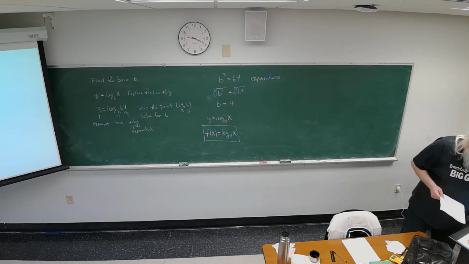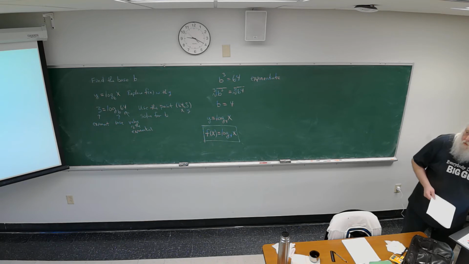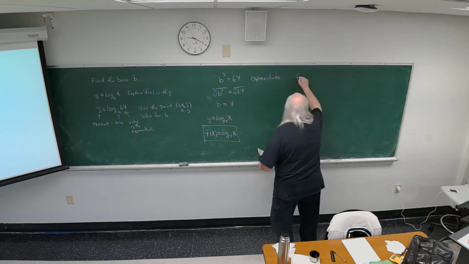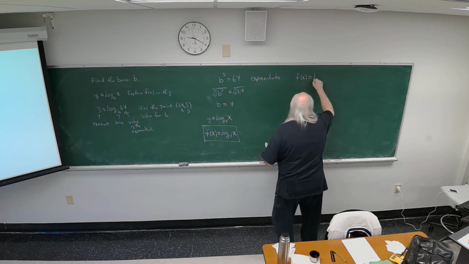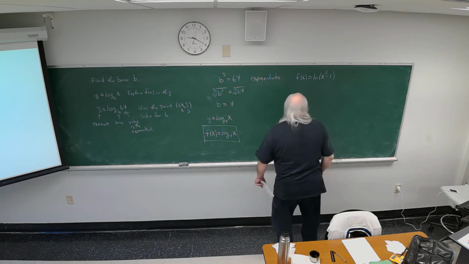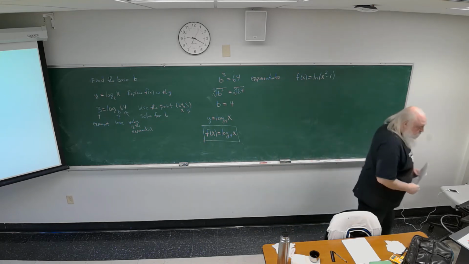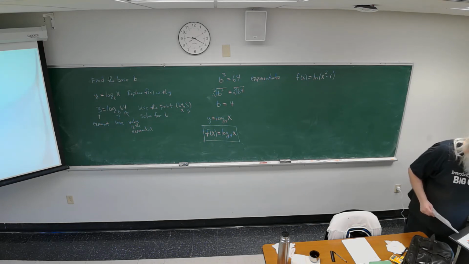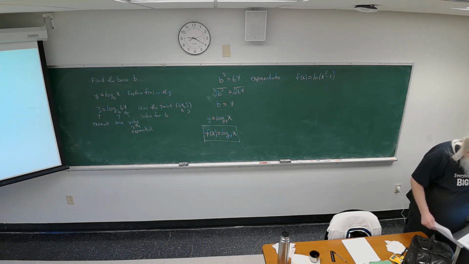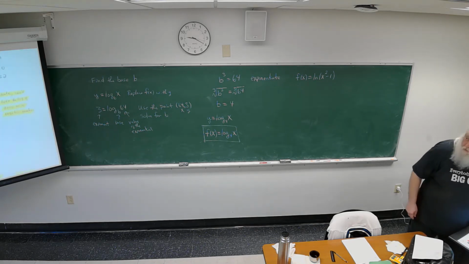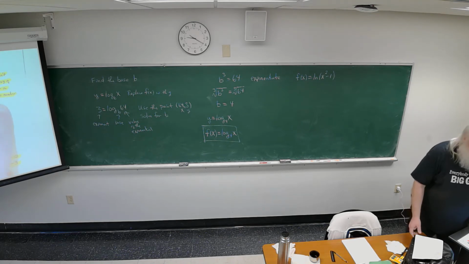Example 10, we're going to find the domain of that logarithmic function. We have f of x is equal to the natural log of x squared minus 1. Well, remember from page 2, you can't take the log of 0 or a negative number.